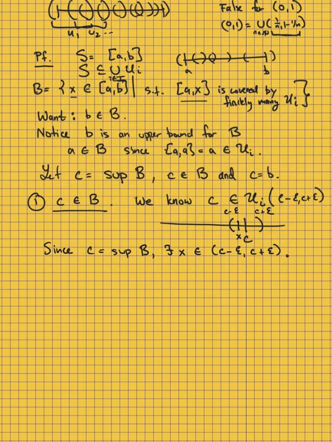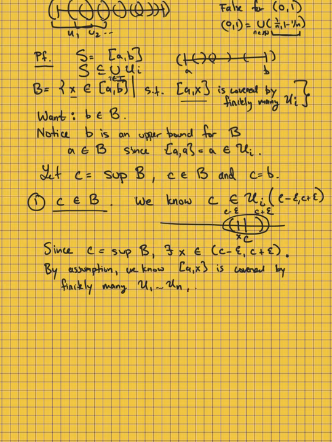Therefore, by assumption, we know that A X is covered by finitely many open sets, U1 up through UN. And now we have this open set U sub I which contains C, so you just throw that in.